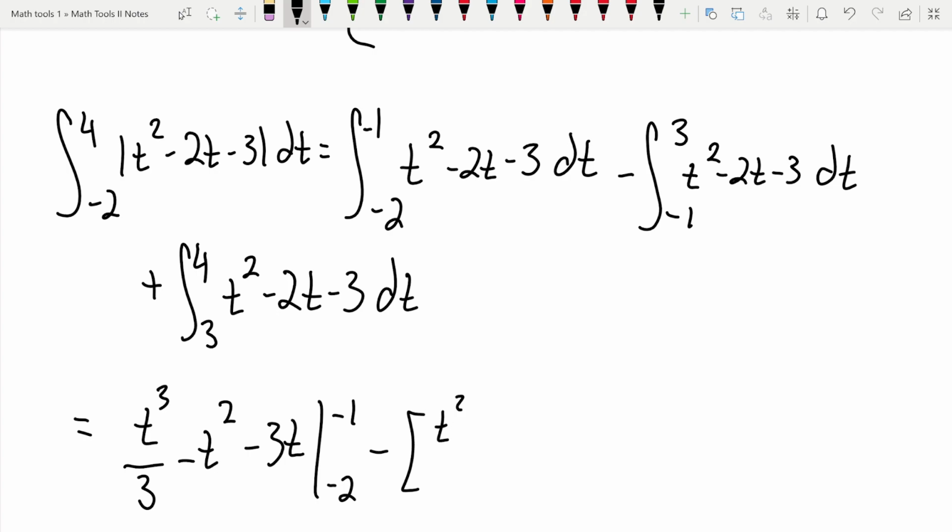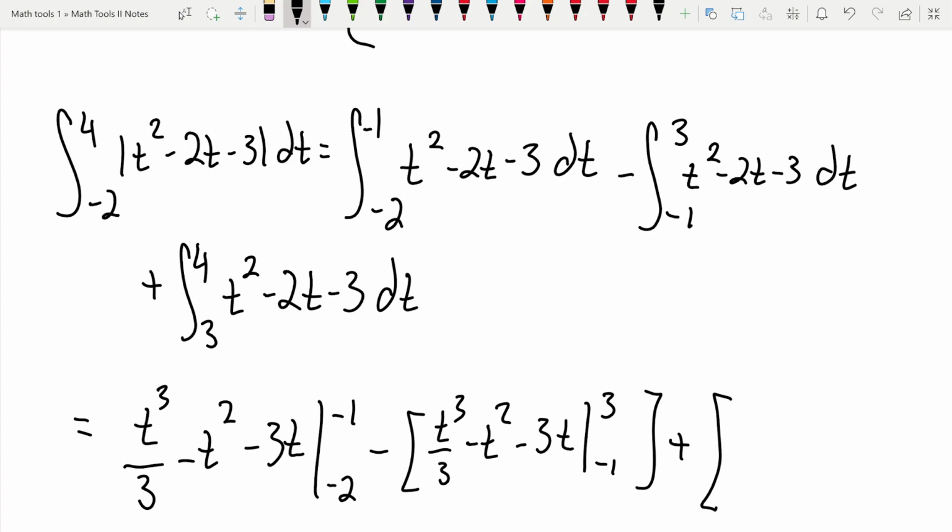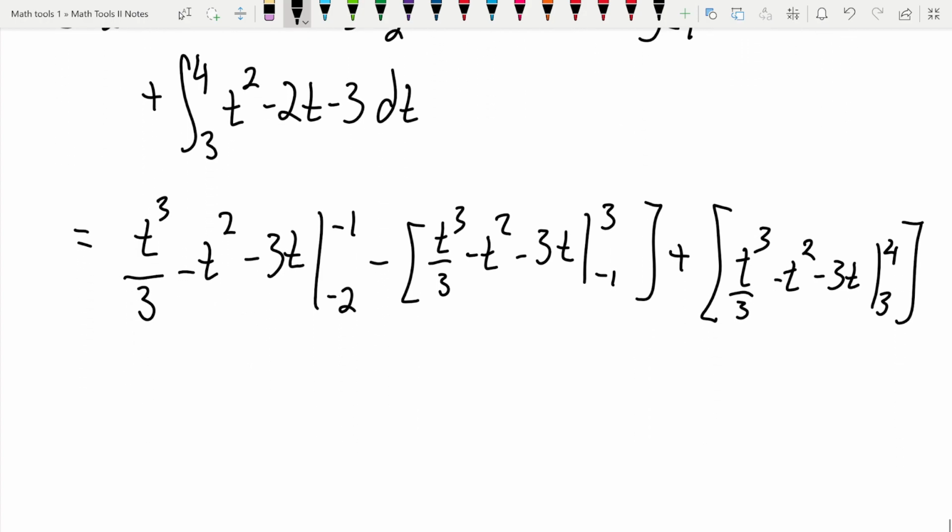Minus the same thing from negative 1 to 3. And then plus the same thing, just making sure I have all my signs right here, from 3 to 4.